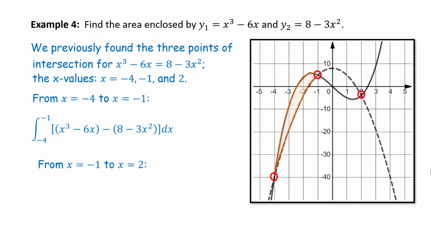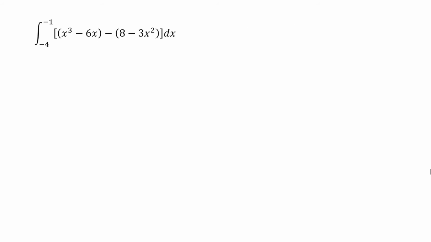From x equals -1 to x equals 2, the parabola is above the cubic, so the integral would be from -1 to 2 of the parabola 8 minus 3x squared minus the cubic x cubed minus 6x dx. Note we have two separate integration problems here. Let's do the leftmost region first.